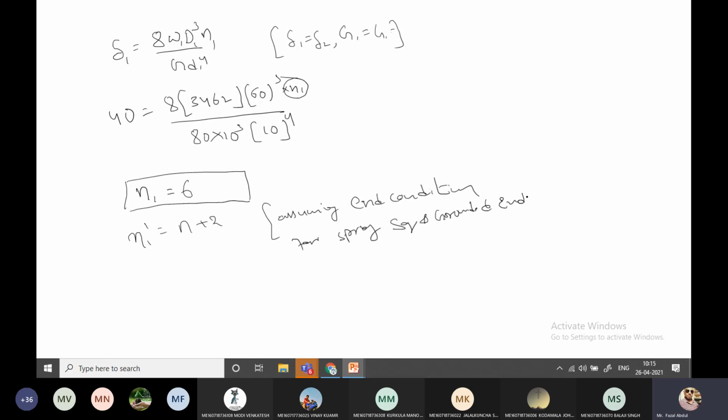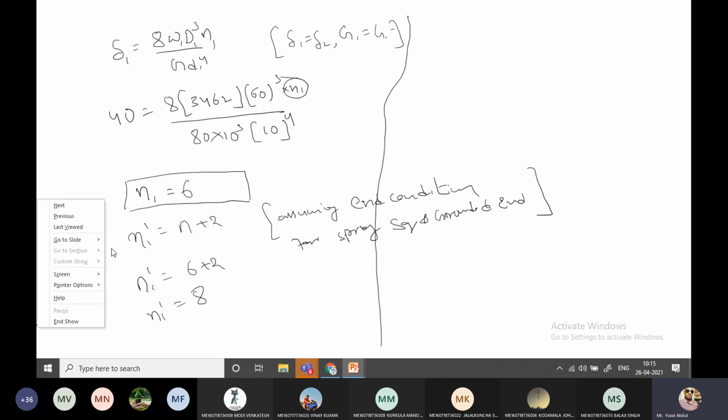Like this you have to write the comment. For writing comments also you have marks. After considering that, the related equation, I'm writing here 6 plus 2. So N1 dash is 6 plus 2, nothing but 8. N1 dash. Okay. Now N2 I require.